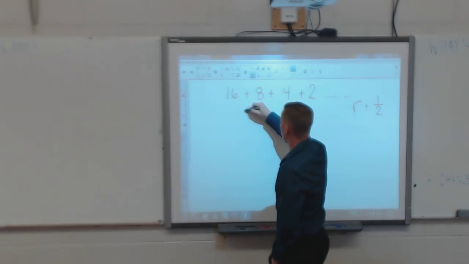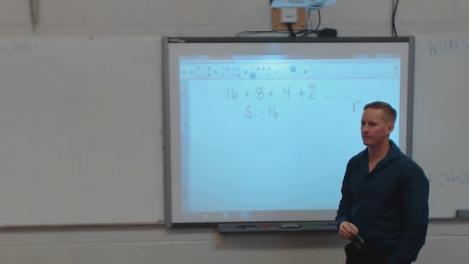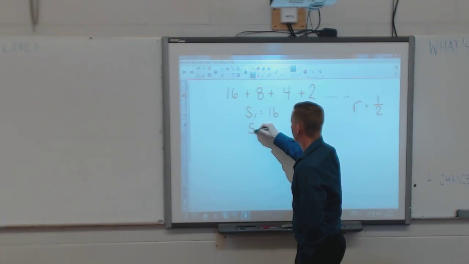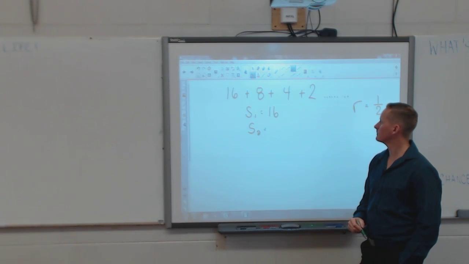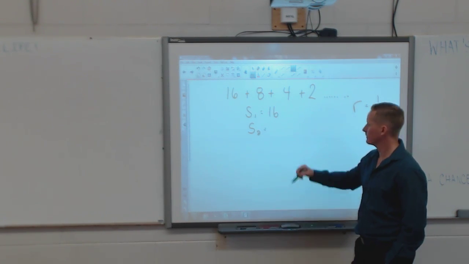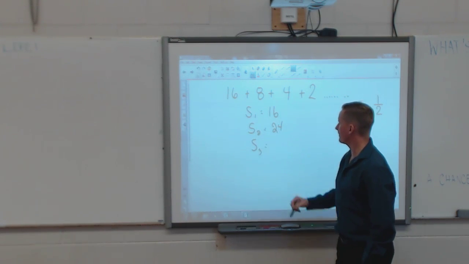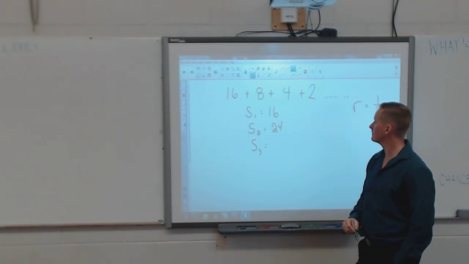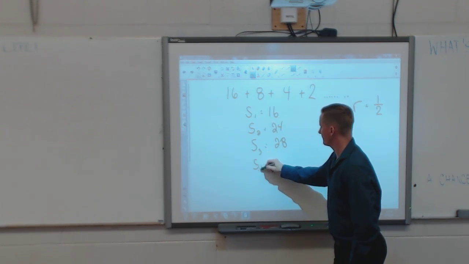The first term sum is actually term 1, which would be 16. What's the sum of the first 2 terms? 24. Sum of the first 3 terms? 28. Let's keep going.